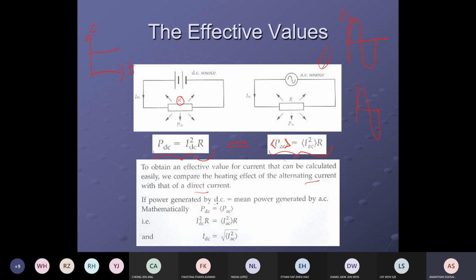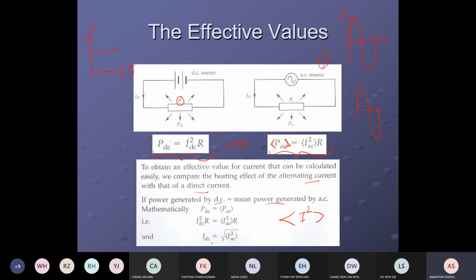If the power generated by DC is the same as the mean power generated by the AC, mathematically P DC should equal P AC. So I squared R is the same as this, called the mean square current. So I DC squared R must be equal to the mean square current multiplied by R. You make I DC the subject.